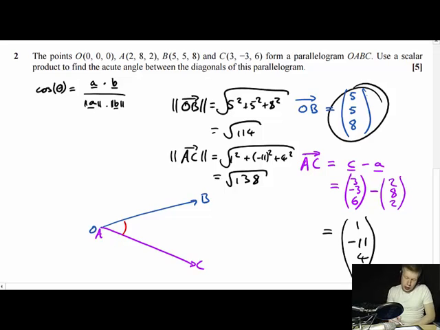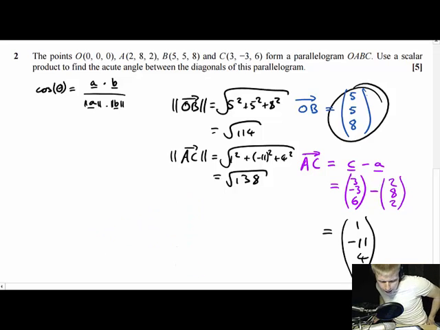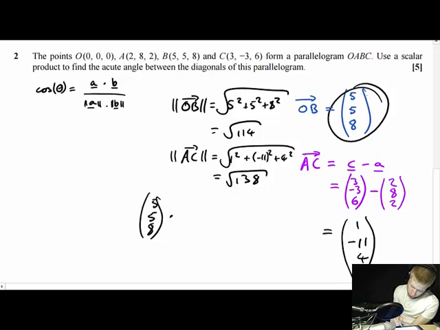Okay, then the question is, what is a dot b? So I'll get rid of this now. What is a dot b? So we take these two vectors, 5, 5, 8, and we dot them with 1, minus 11, and 4. Okay, what that just simply means is we multiply each element together. So we multiply the 5 and the 1 together to get 5.